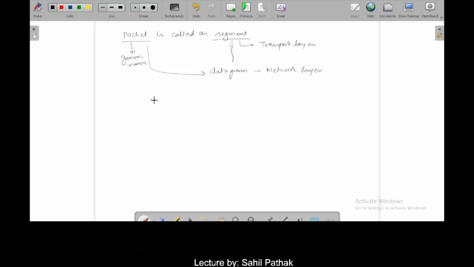Now let's say we have one segment and we have one field that is sequence number. What would be this sequence number?